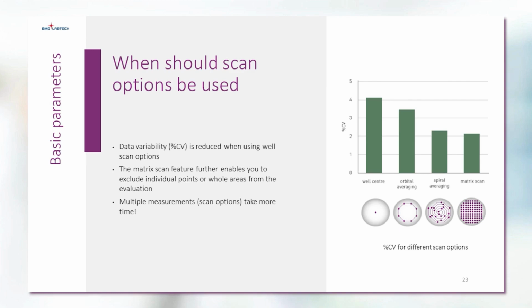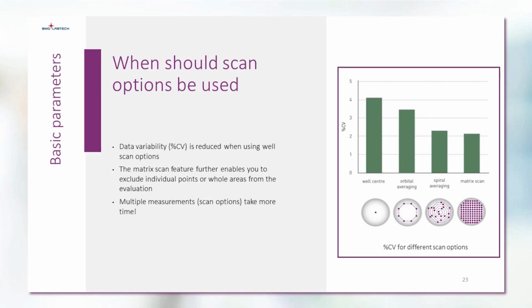This graph here on the right side shows the percent CV of several replicate wells. Percent CV is the coefficient of variance and describes data variability. As you want to obtain reliable and robust data from each of your replicates, a low coefficient of variance is, of course, desirable in this scenario.